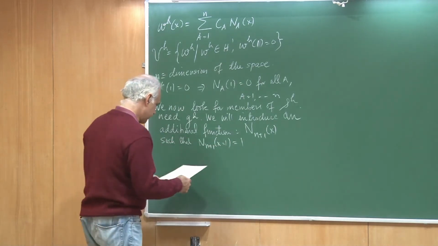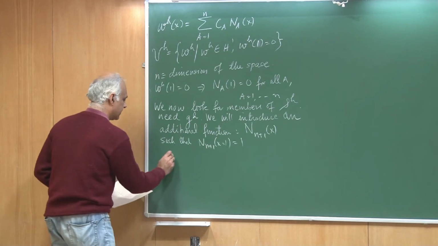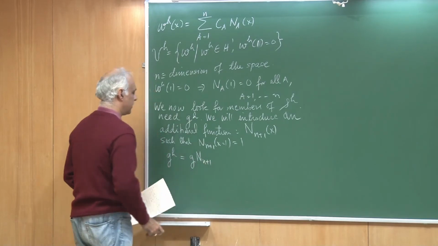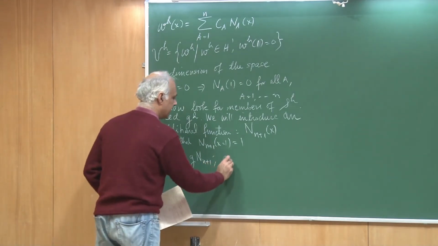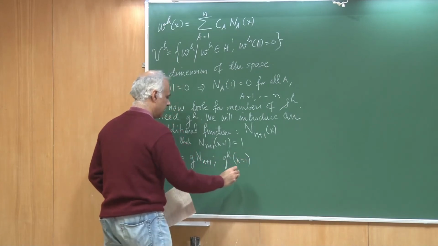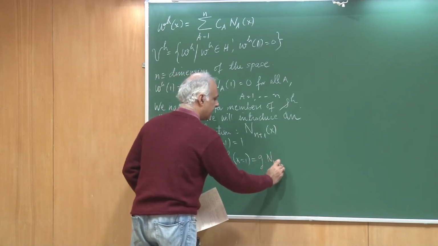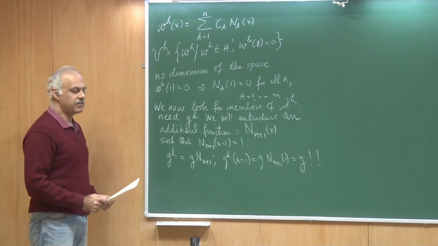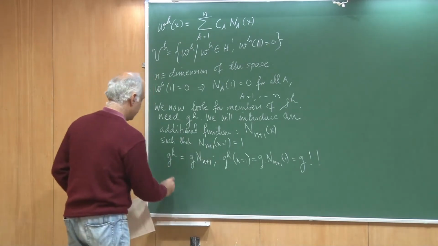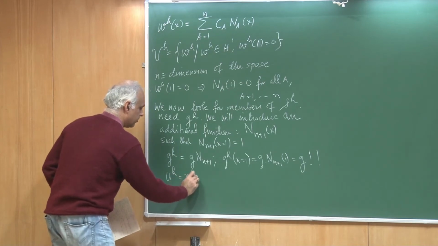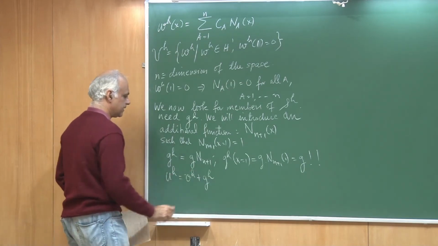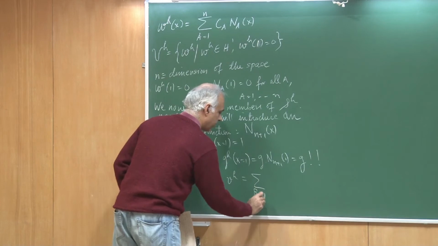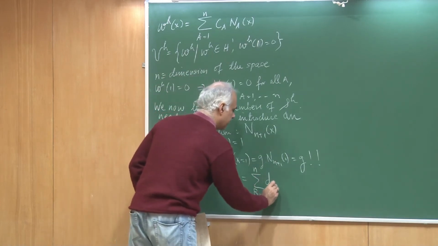And now I am going to propose that gh is given as g times N_{n+1}, and you can see that gh at x equal to 1 would be given as g times N_{n+1} at 1, which is actually equal to g. So, this will suit my purpose, and then I can say that uh is vh plus gh, but vh is given as summation B going from 1 to n dB NB.